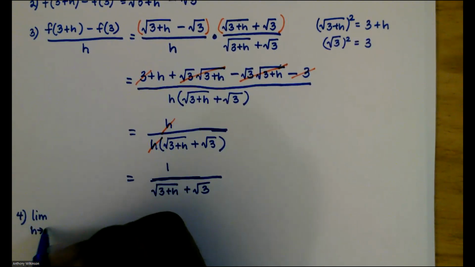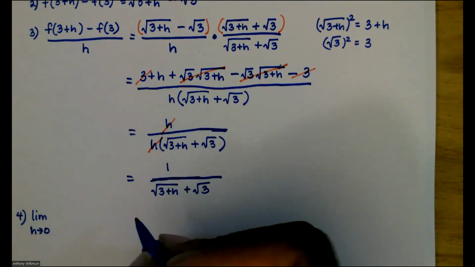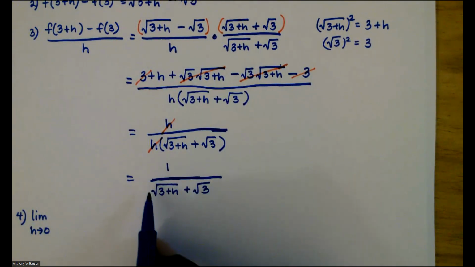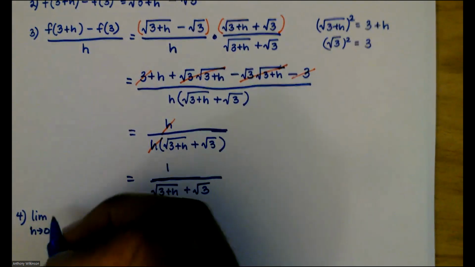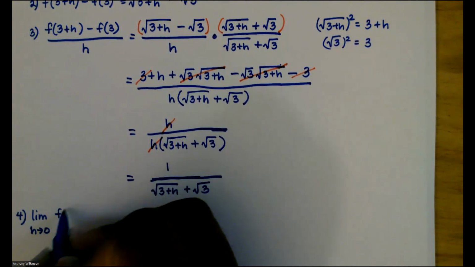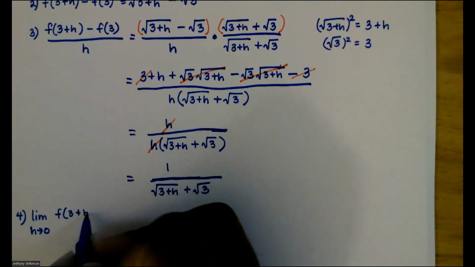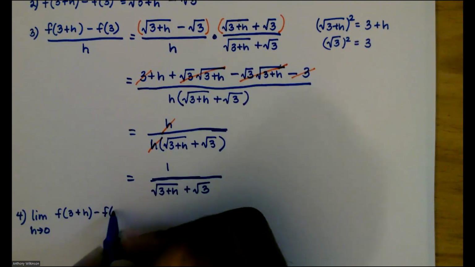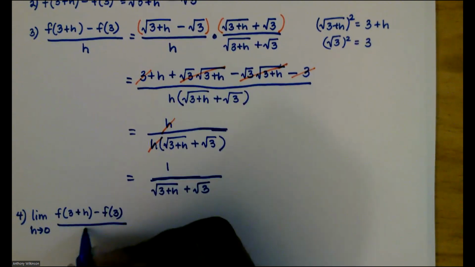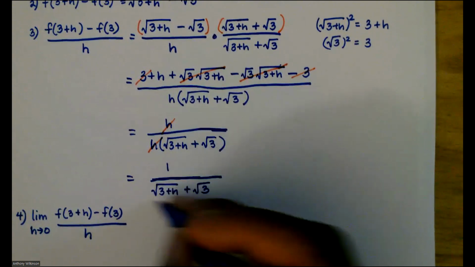So the limit as h approaches 0 of this right here, f of 3 plus h minus f of 3 divided by h, which is this right here.